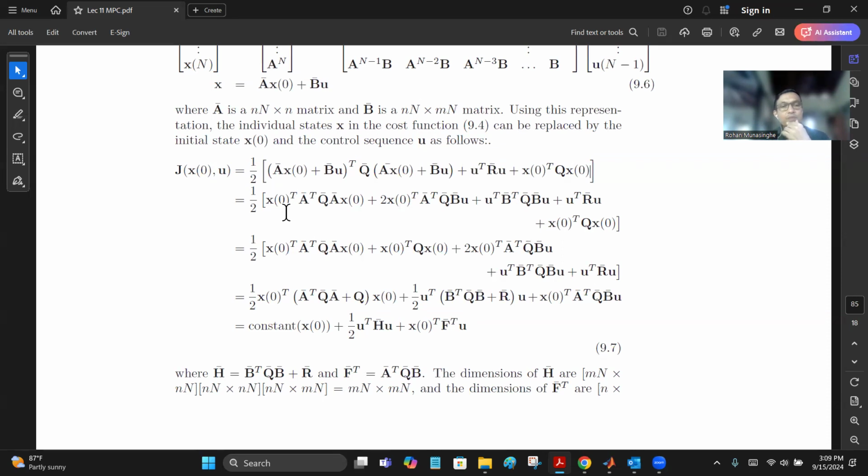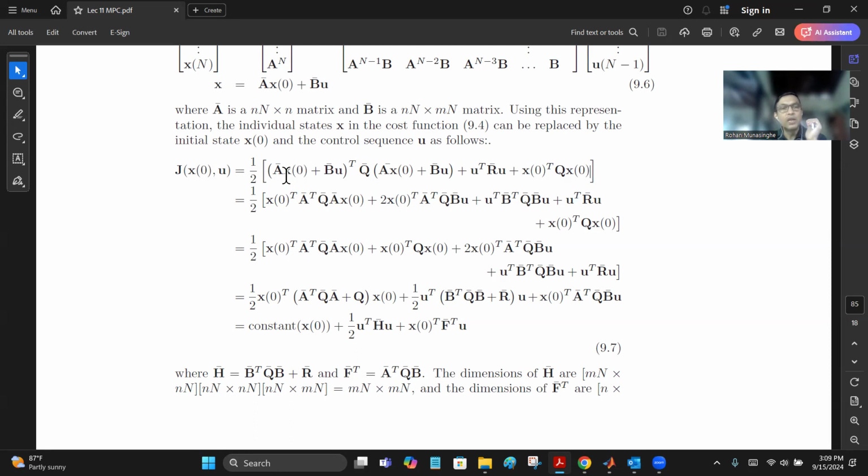Right. So then what we do is multiply this transpose Q bar and this expression. When you do that, you have to first take A bar x0 transpose. When you have a product and transpose, these two terms flip each other's sides.